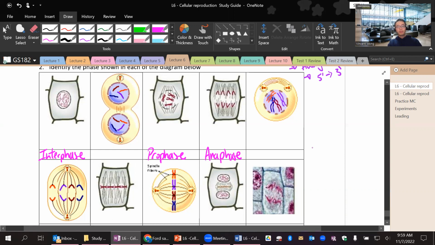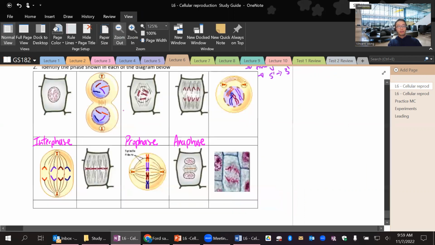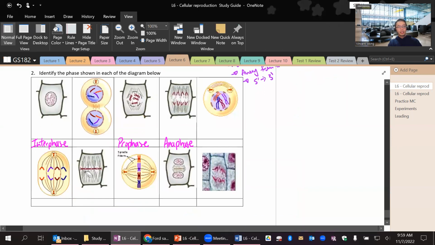Anaphase. Lined up in the middle, that's metaphase. And this is separating into two separate nuclei, and then you can see the wall starting to form in the middle. That would be the telophase.